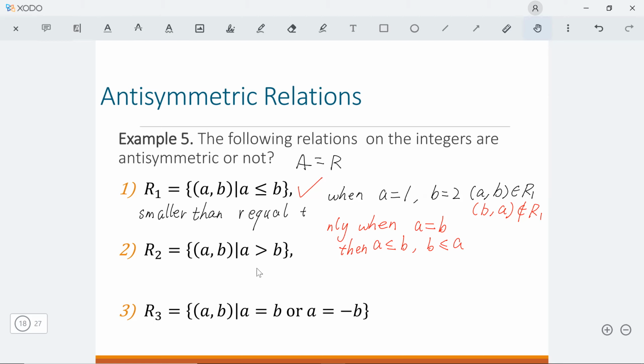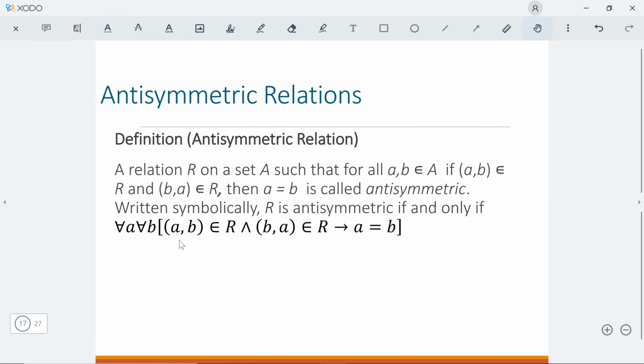So in this case, because we cannot find any hypothesis for our definition here, all of this hypothesis for our conditional relationship is false. As we learned in the logical operators, if the hypothesis is always false, then this conditional, false implies no matter true or false, always gives us the conditional as true.